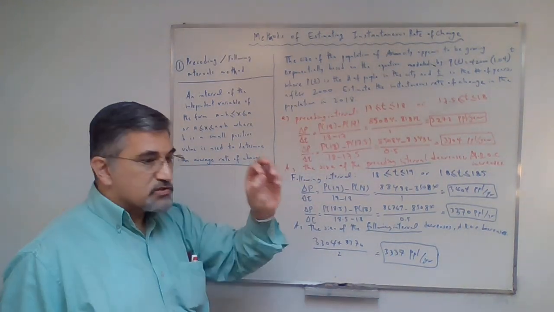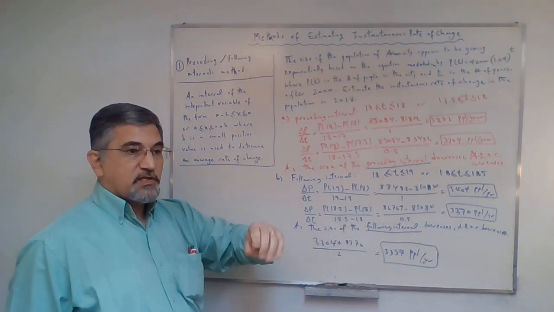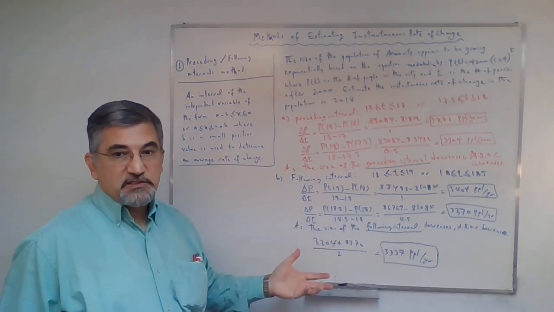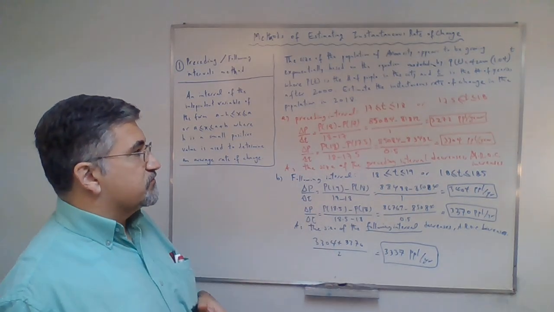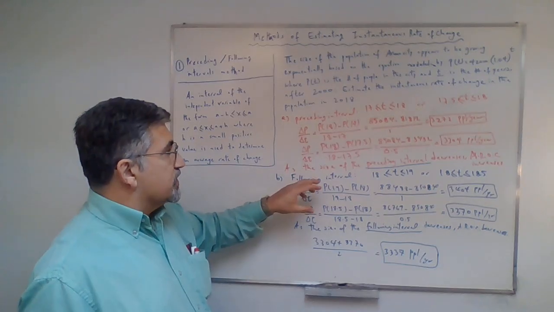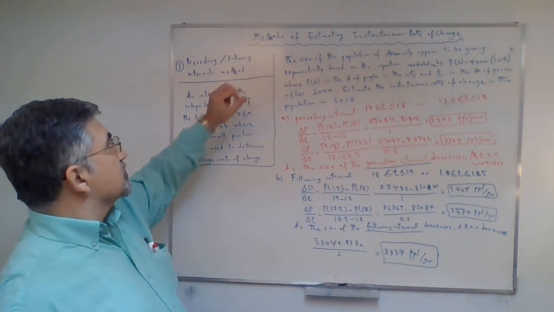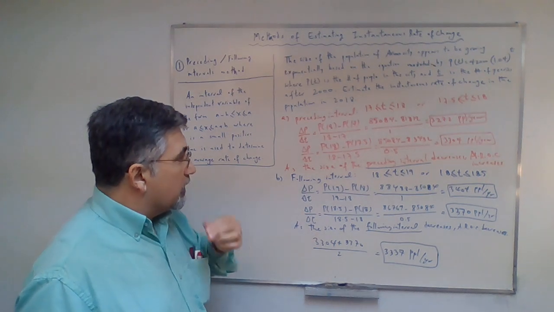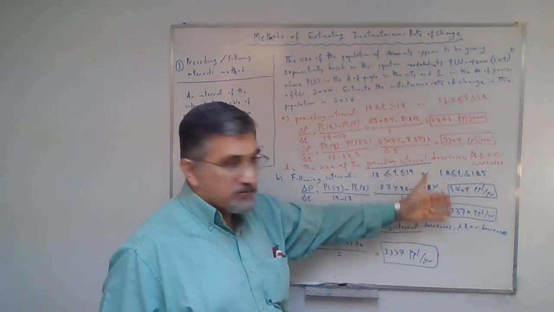And 2018 is just one point. It's not like the average rate of change where we had two points. And we just estimated the instantaneous rate of change of population using this preceding and following interval method. And we found many estimations.